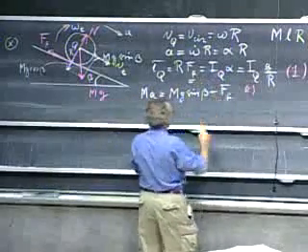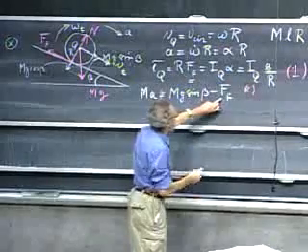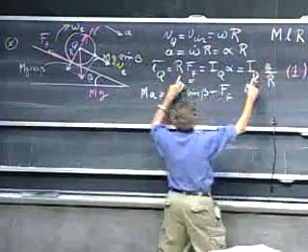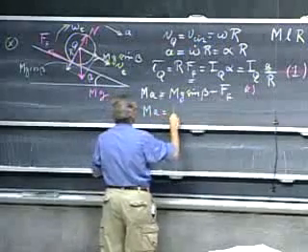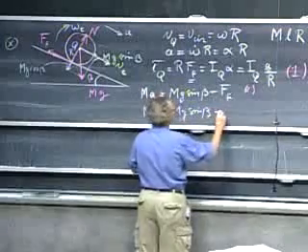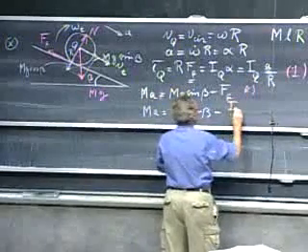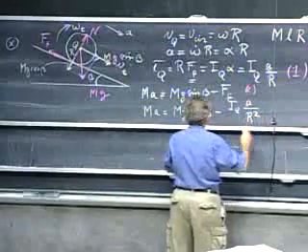I can eliminate ff, and I will substitute for ff this quantity divided by r. And so I get ma equals mg sine beta minus moment of inertia about point Q times A divided by r squared.